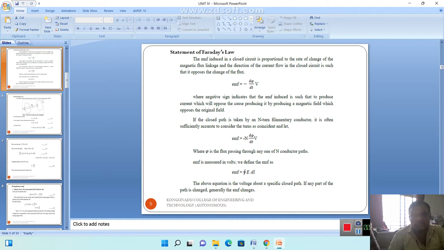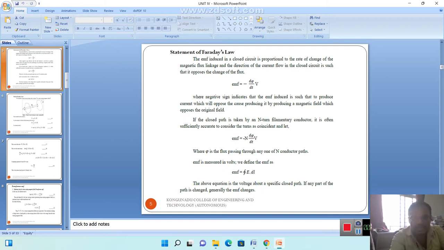Once again, the EMF induced in a closed circuit, that means closed loop integral, is proportional to the rate of change of the magnetic flux linkage, and the direction of current flow is such that it opposes the change of the flux. So at this place we are going to put a minus sign here.